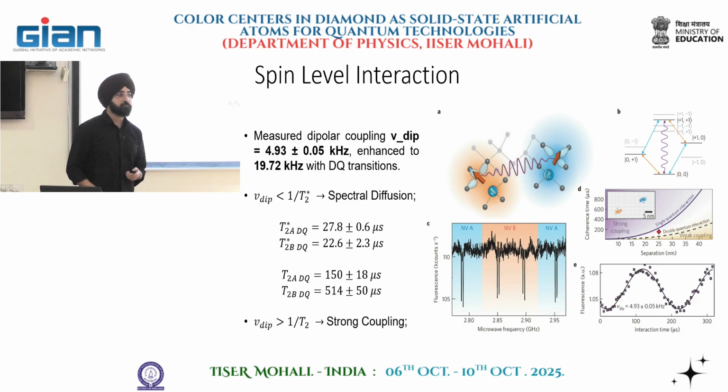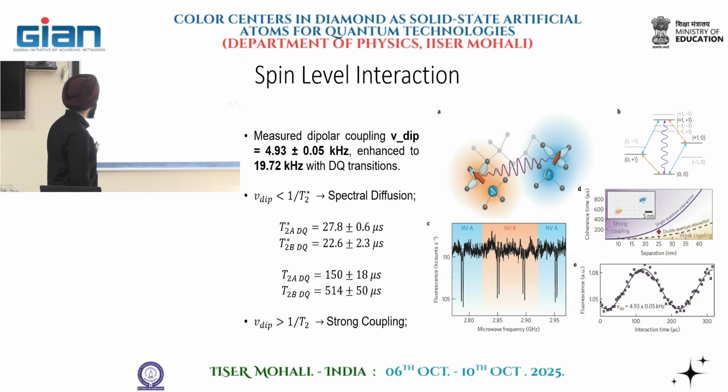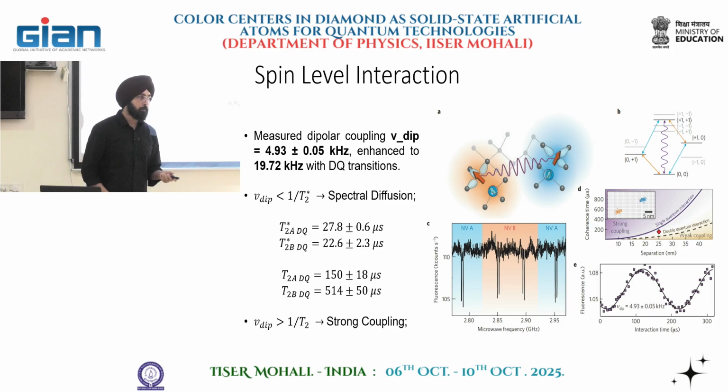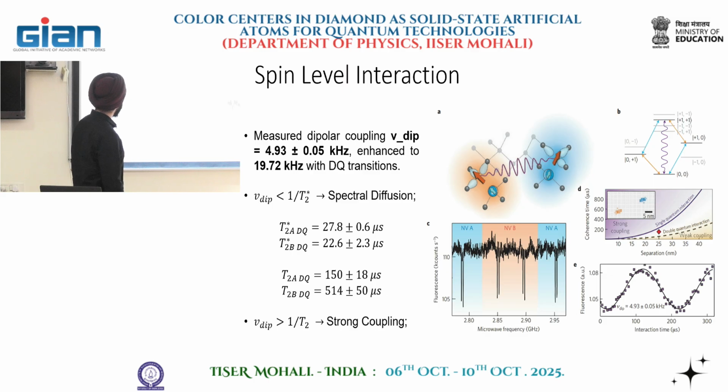That can be done using spin echo sequence, and this leads to an increase of the dephasing time to a total coherence time of 150 microseconds and 540 microseconds. So when this is done, we'll notice that since T2 value has increased from T2 star, the inverse of T2 will reduce and the corresponding value of our coupling constant will increase.